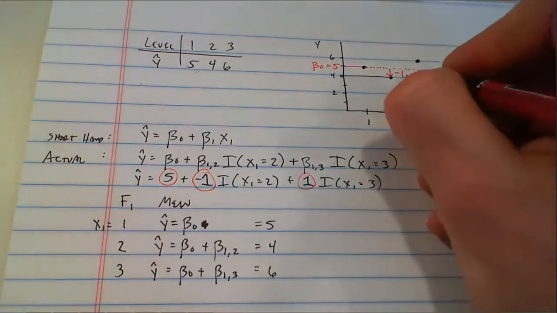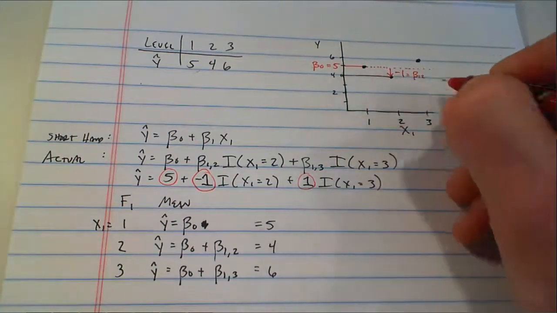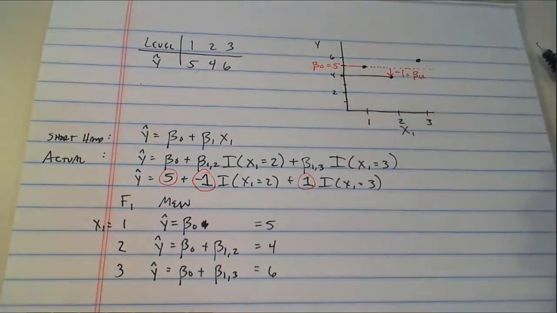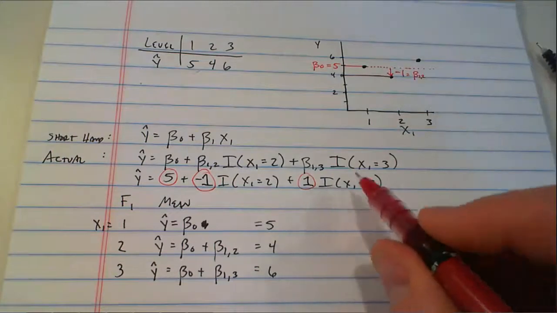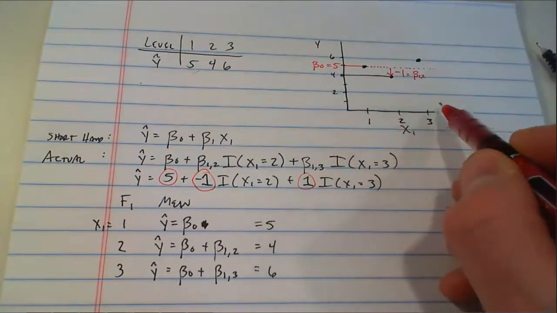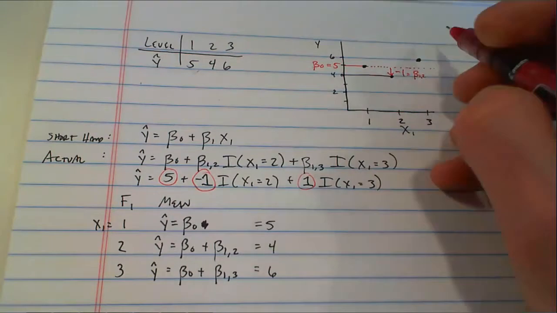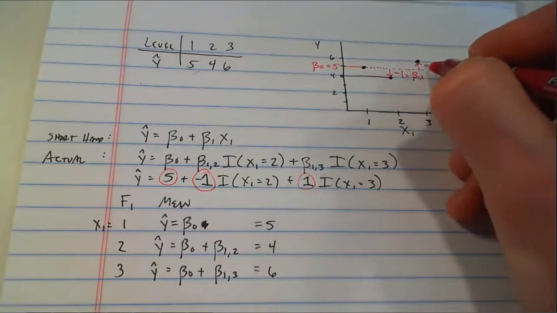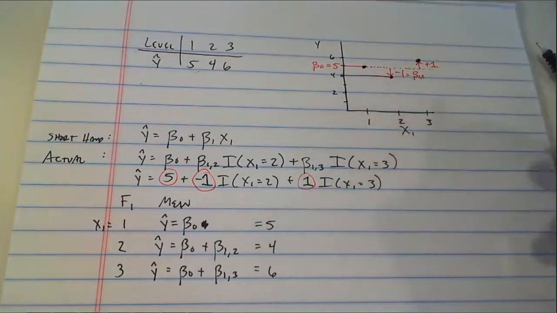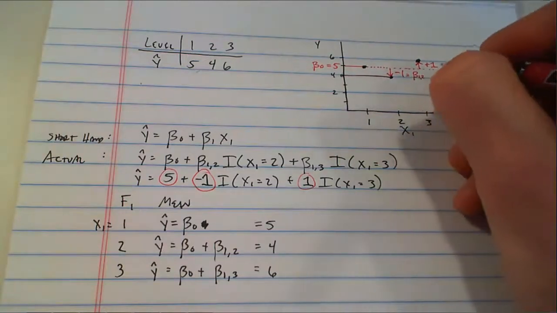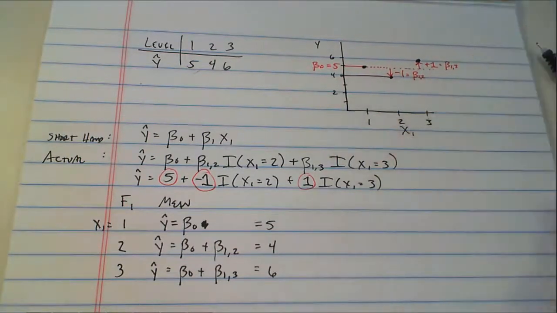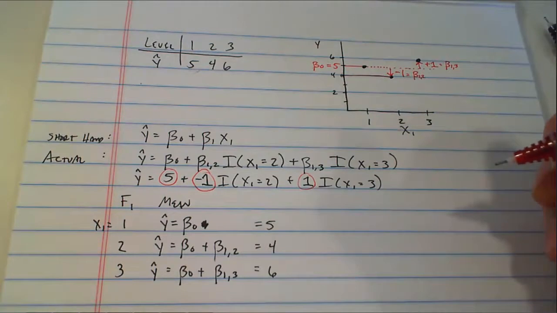So that value is beta 1,2. Similarly, to go from level 1 to level 3, I go up 1 unit from 5 to 6. And that is beta 1,3.